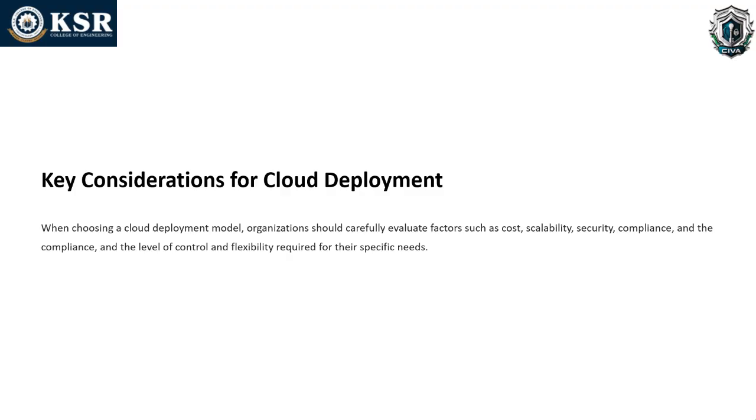Key considerations for cloud deployment. When selecting a cloud deployment model, organizations should evaluate several factors like cost, scalability, security, compliance, flexibility, and the level of control they need. That means every organization is different.